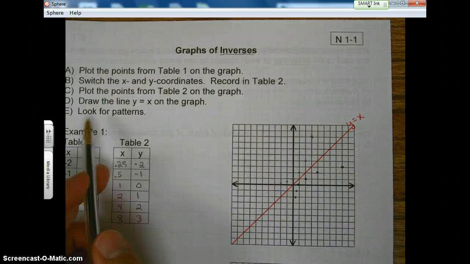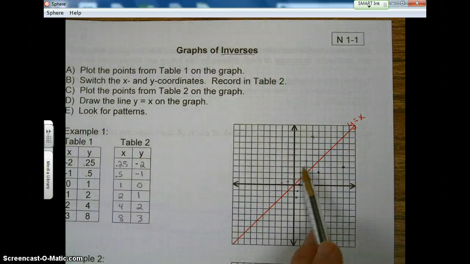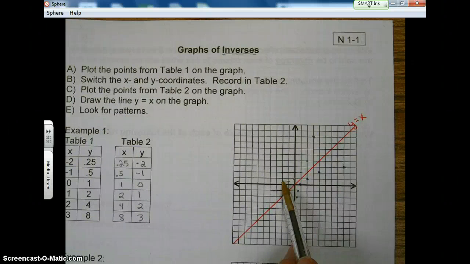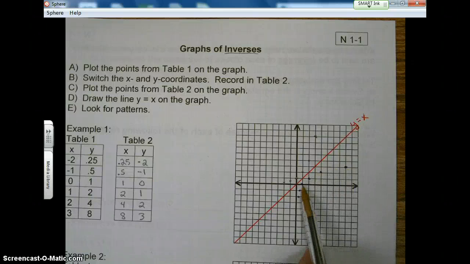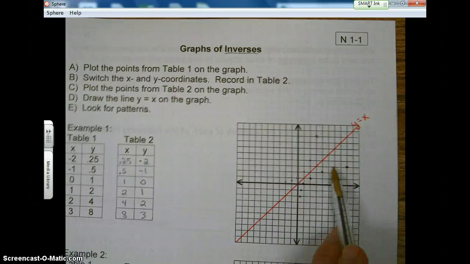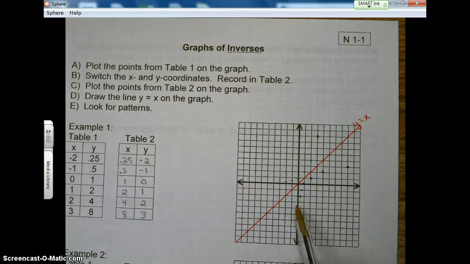Now it says look for patterns. So notice this was our original function. We switched the x and the y and then we replotted the points. This represents the inverse of the function. This is the original and this is the inverse.